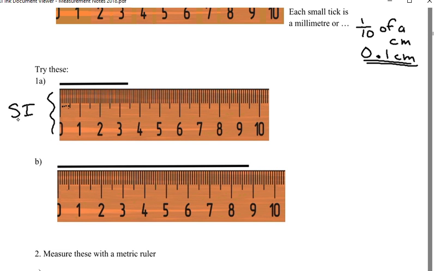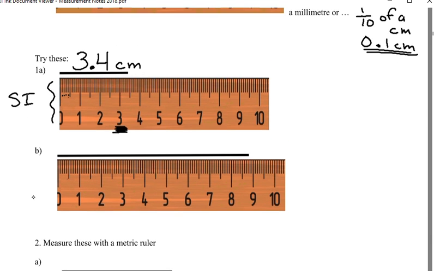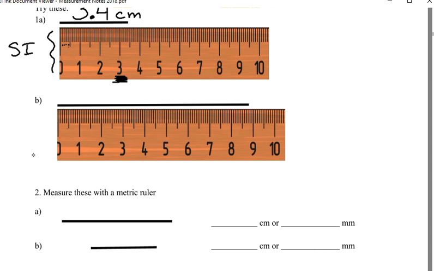Anyways, this line occurs past 3, so we know we have 3 whole centimeters, and then we look to see what line it's at. You could argue whether that's a 4 or 5. I would probably accept both. This is 3 and 4/10 centimeters. 3 whole centimeters, and then 4/10 of the way to the 4. 3 and 4/10.